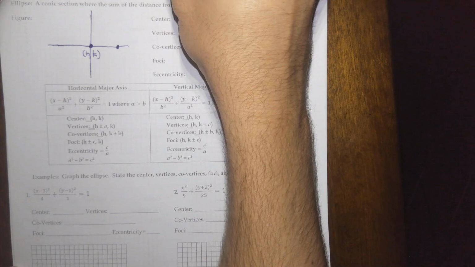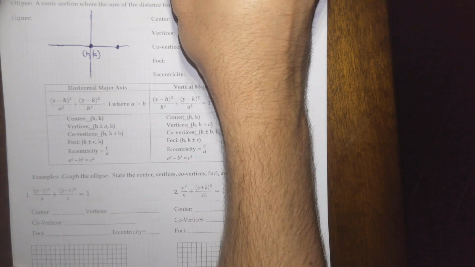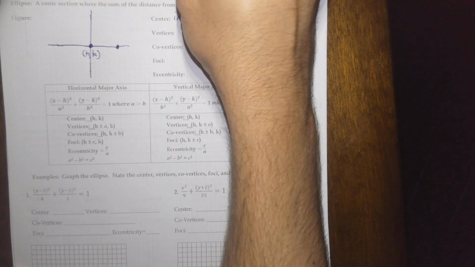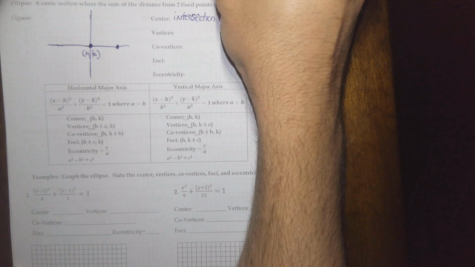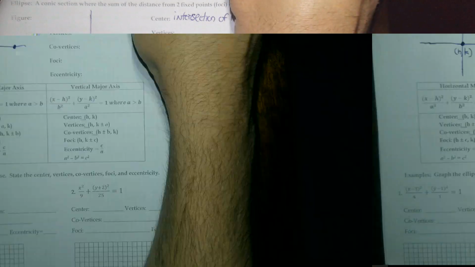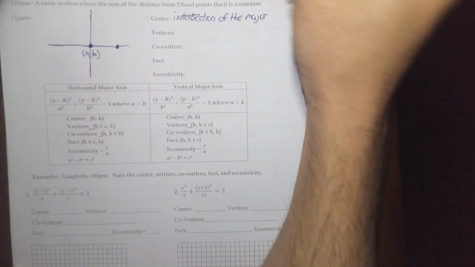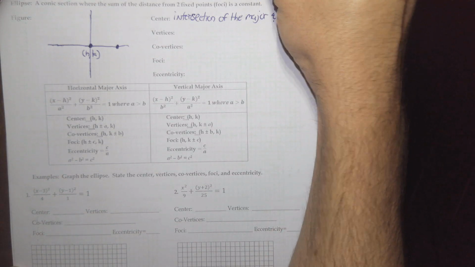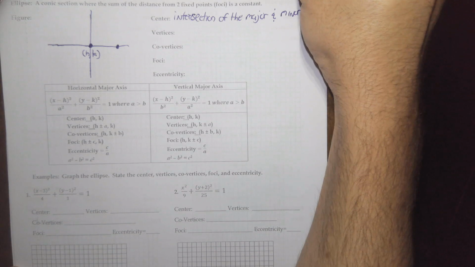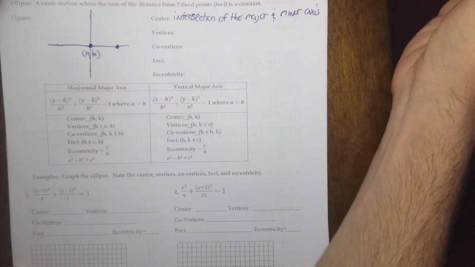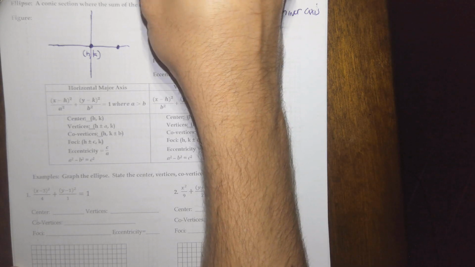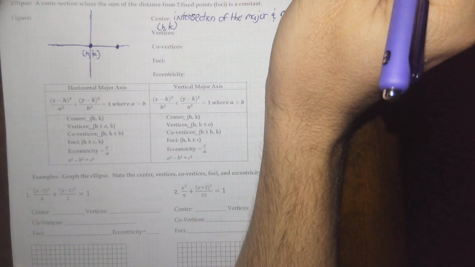The center is the intersection of the major and minor axis. Okay, so the major and minor axis, and we just say h comma k.